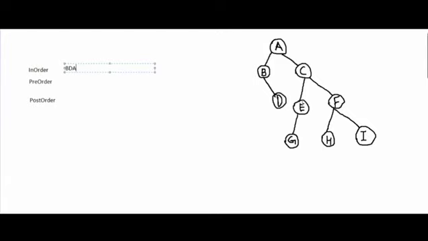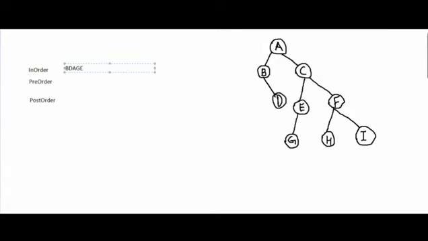So first we will move here. C is the root node, so we are not going to write it down yet. Then we will move to E. E is the root node for G, and we are not going to write it down. G is the left part. So first we will write G, then we are going to write the root E. We do not have any right part for this root node, as the right child is not present there.